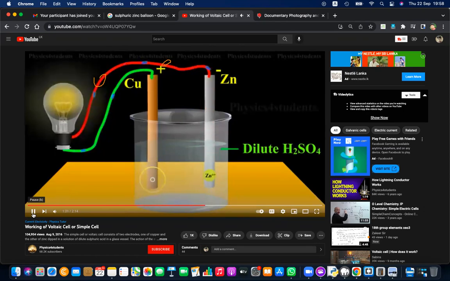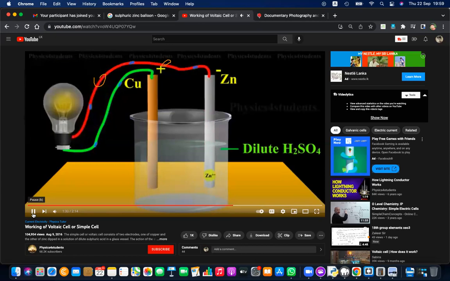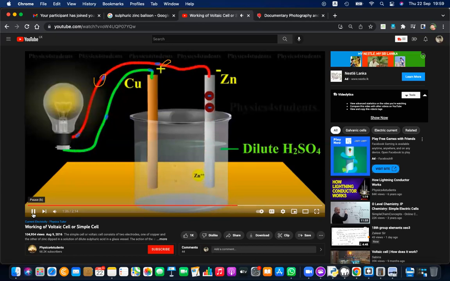This makes the copper rod positive. As long as excess electrons are available on the zinc electrode, this process goes on and the current flows continuously in the external circuit. This simple cell is thus seen as a device which converts chemical energy to electrical energy.